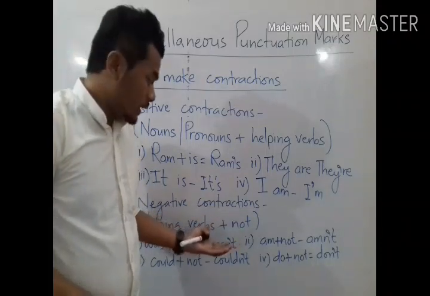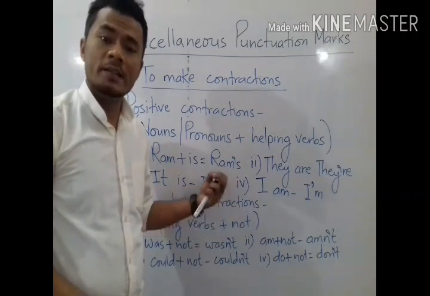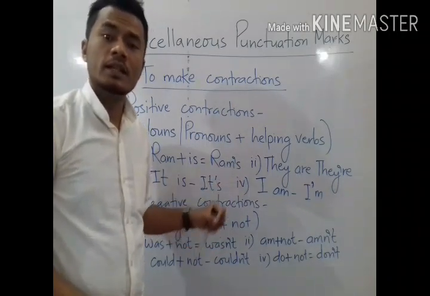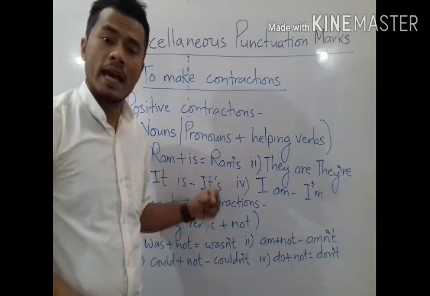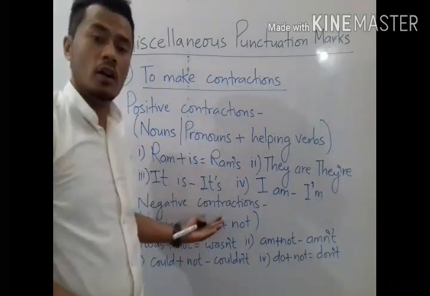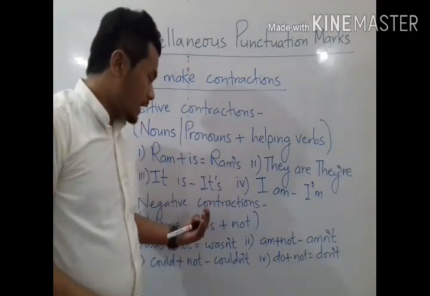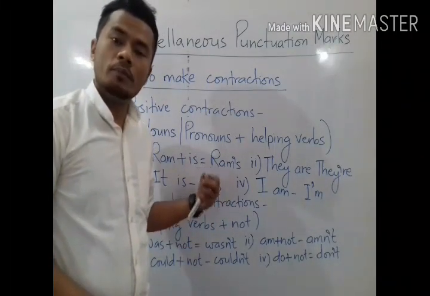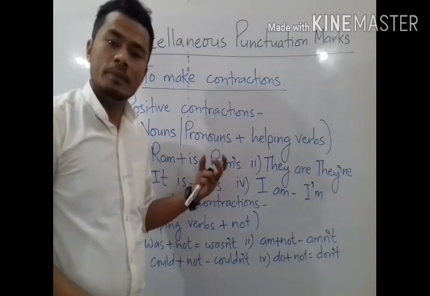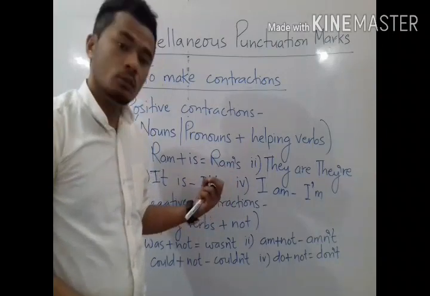Here I remove O from not, and in place of O I put an apostrophe and make one single word from these two words. Was plus not, wasn't. Its pronunciation also changes, and it becomes one word. W-A-S and apostrophe T, wasn't.